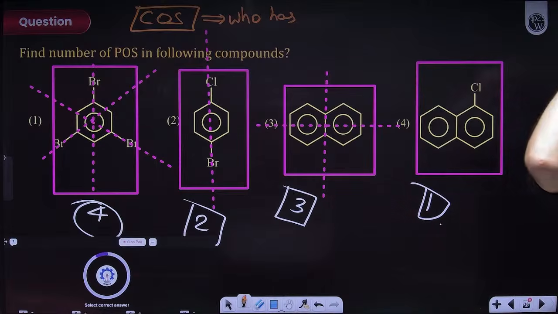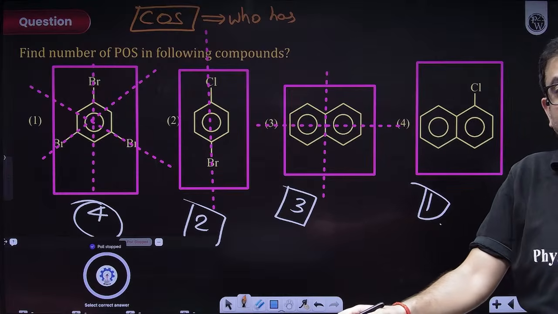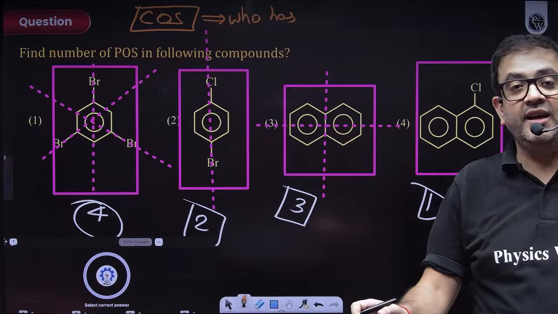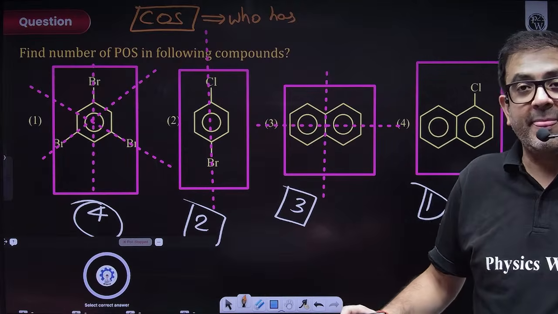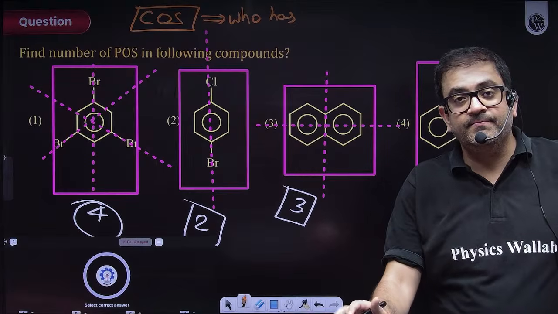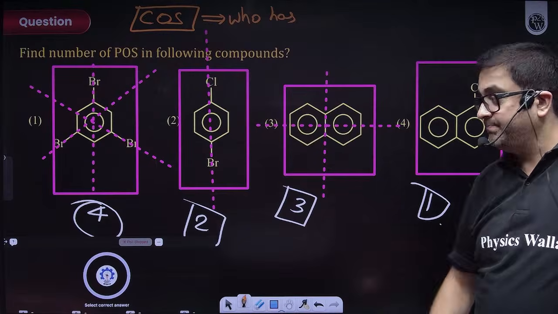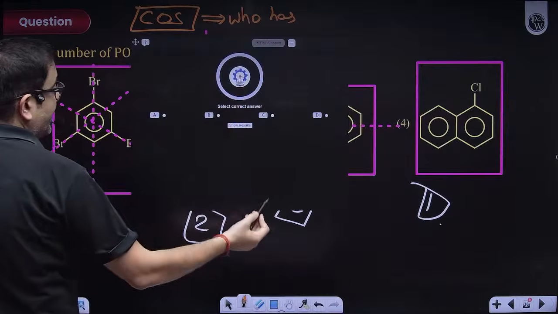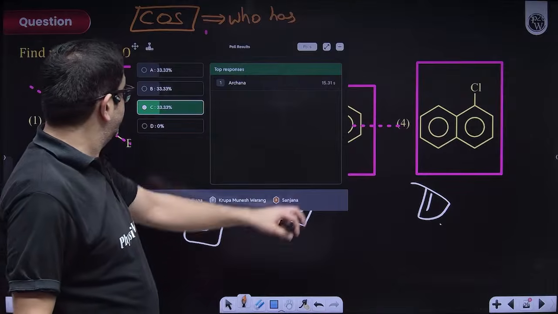Everybody, think. Chalo. Time done. Actually, beta, the answer is C. 33%. Acha, Archana.